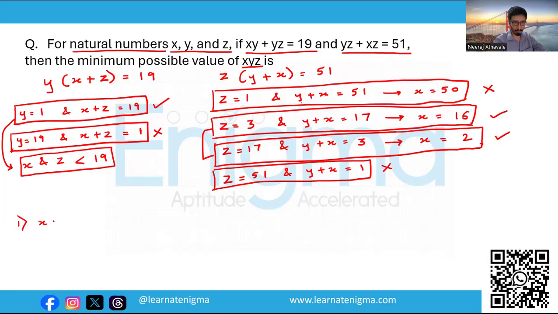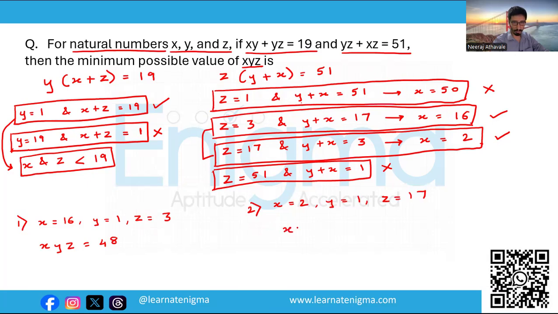I'll write down the individual values. So x is 16, y is 1 and z is 3. Okay. So xyz comes out to be 16 threes are 48. Now the second scenario is over here. x is equal to 2, y is equal to 1 and z is equal to 17.